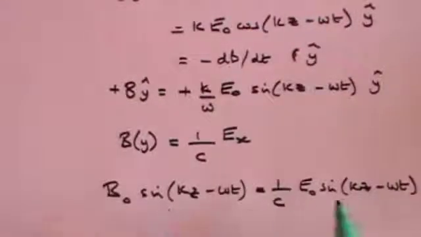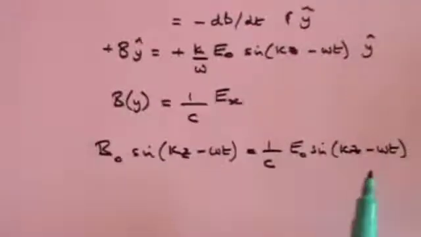You've got two waves that are completely in phase. They are at right angles to one another because E is oscillating in the x direction, but travelling in the z direction. B is oscillating in the y direction, but travelling in the z direction.